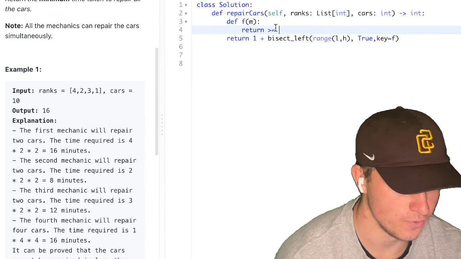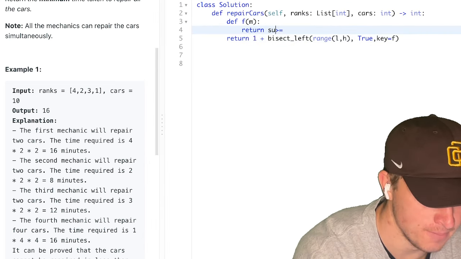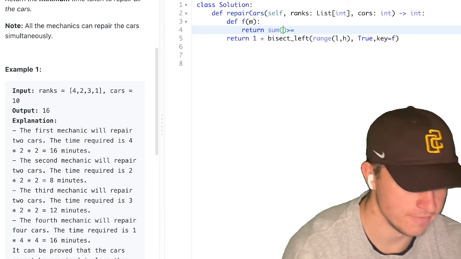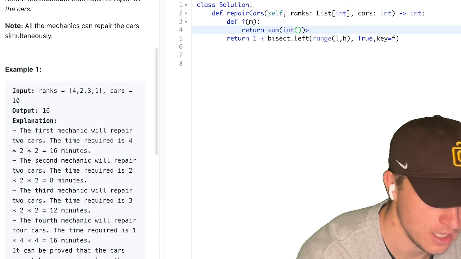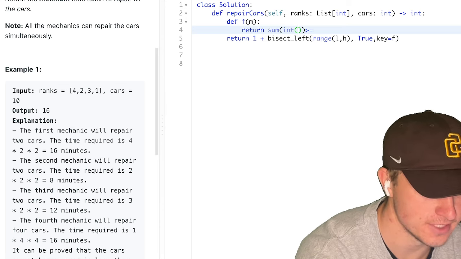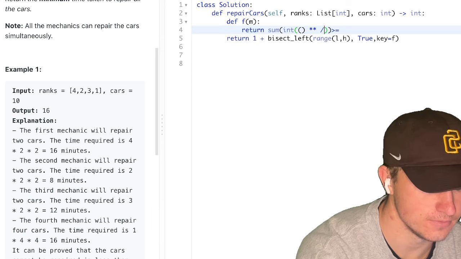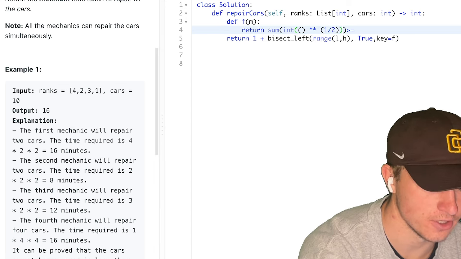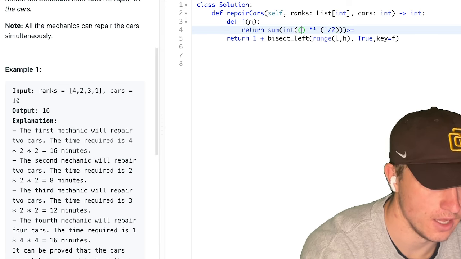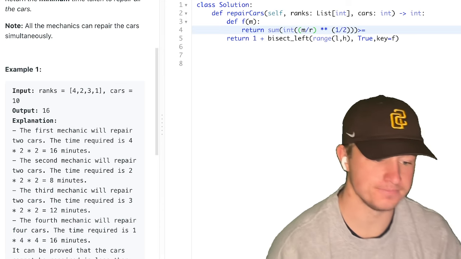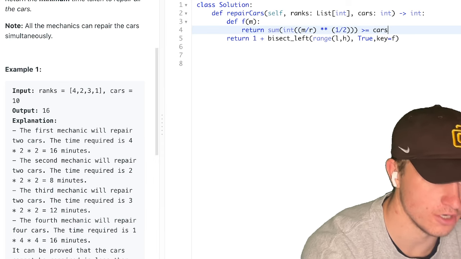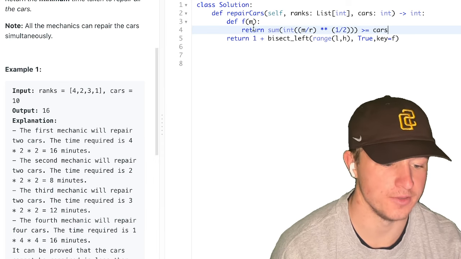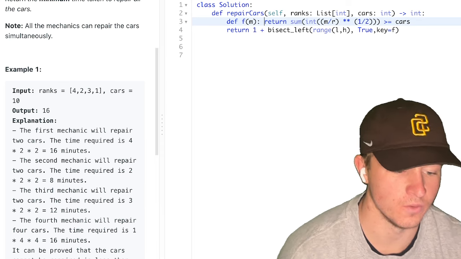The sum of the int of the square root of m divided by r, if that's greater than or equal to cars, that's our formula. And the beautiful thing is, since it's so short, you can put it on one line.